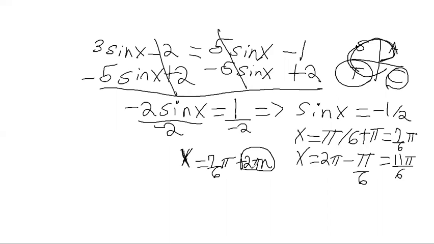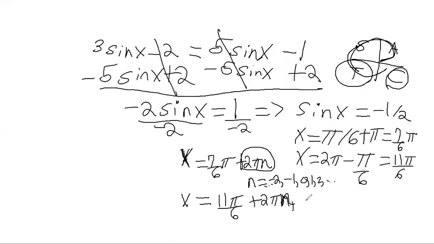The period of sine of x is always 2 pi, and n is an integer. So n could be -2, -1, 0, 1, 2, and so on in both directions. Similarly, my other solution would be 11/6 pi plus 2 pi n, where once again n is an integer, going on forever in both directions, negative and positive.